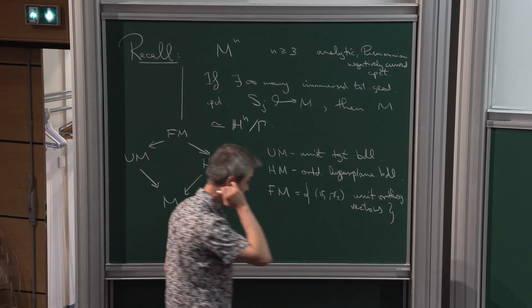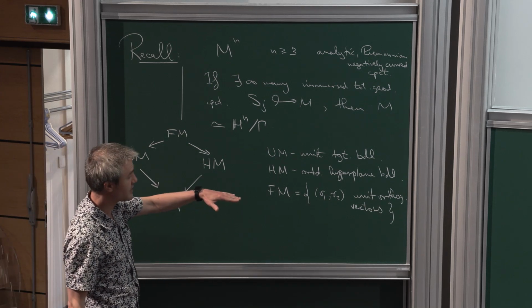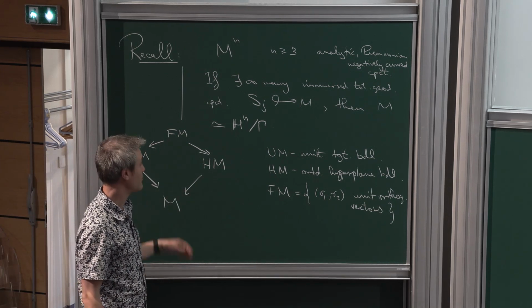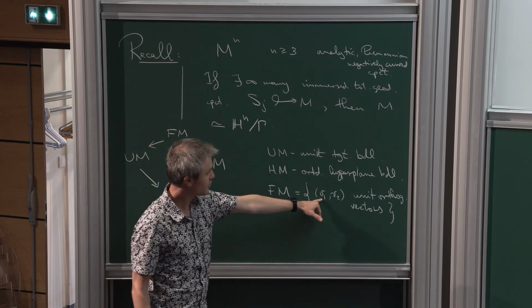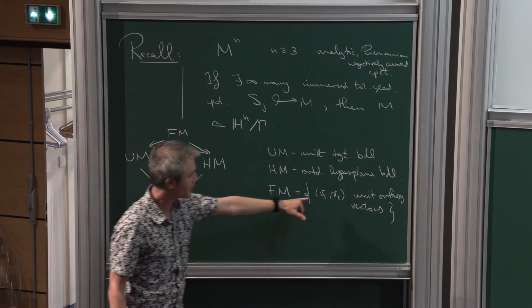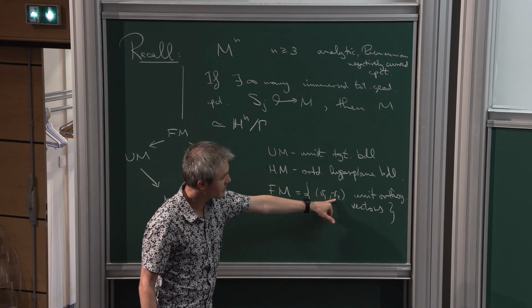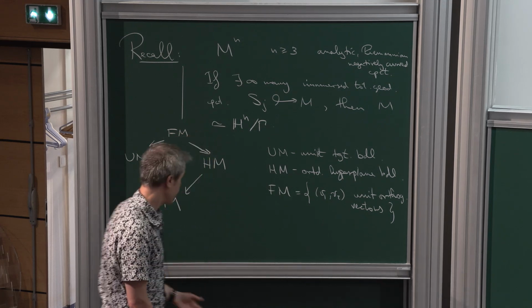So this is over a fixed point in M. You take unit orthogonal vectors in the tangent space, and then you put them together in a fibration, and you have a forgetful map: by forgetting V2, you map to the unit tangent bundle, and by forgetting V1, you take the hyperplane associated to the orthogonal V2.